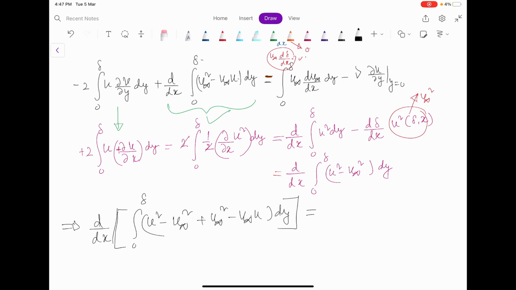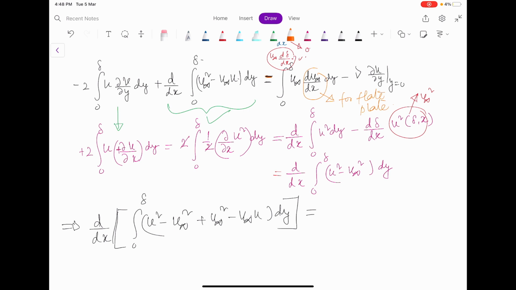now for the flat plate, du infinity dx is 0, so this is 0 for the flat plate. But I have shown that you can do the same thing keeping this, so that will not affect anything.